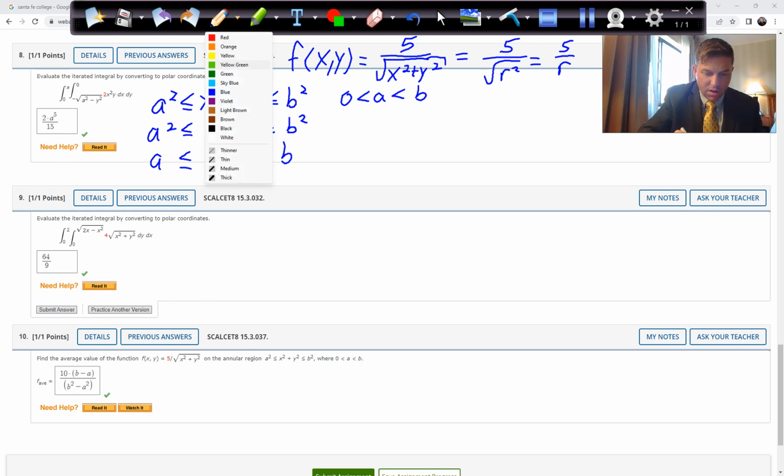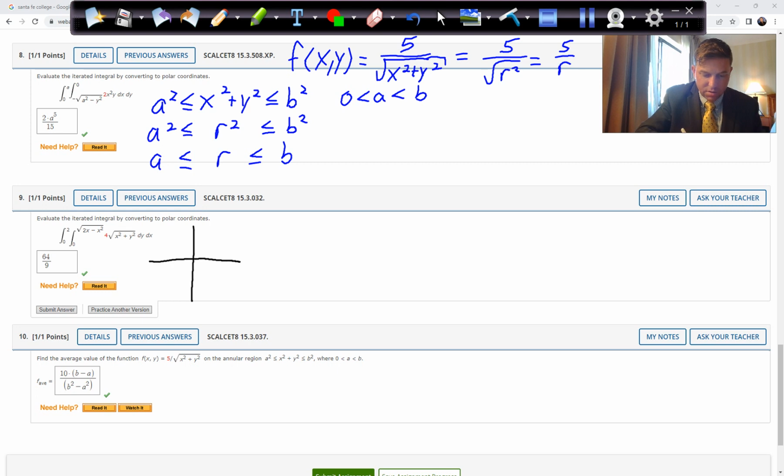So if we draw that, that is two circles, A and B, that go all the way around. So that's the radius A circle, this is the radius B circle, and the region we're looking at is right there.